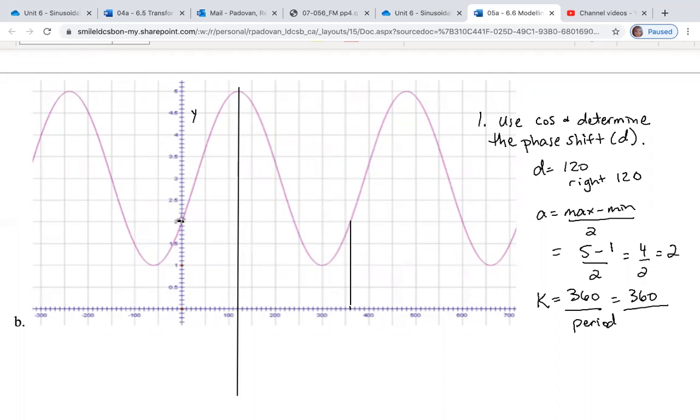It's starting at 2, going up, going down, ending at 2, and that's taking 360 degrees. So 360 divided by the period to do one cycle, which is 360, means the K value is 1, right? And my C value, which would be my equation of the axis, is max plus min divided by 2.